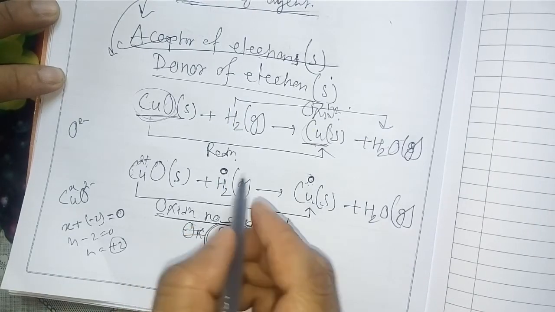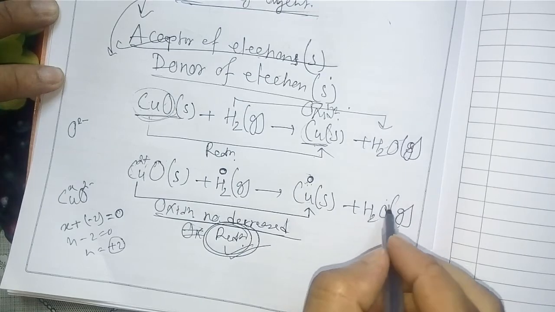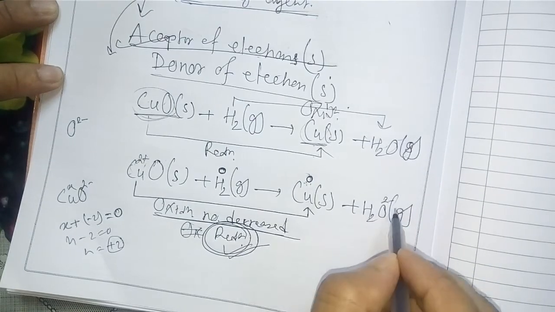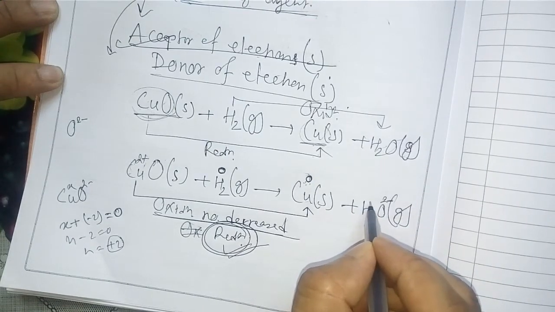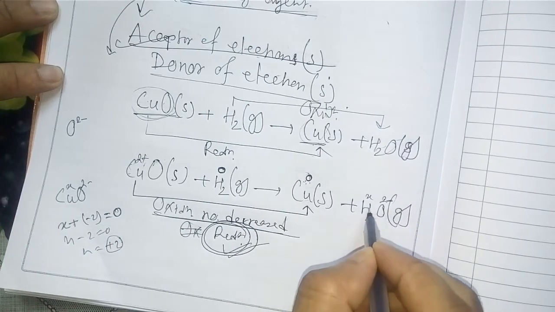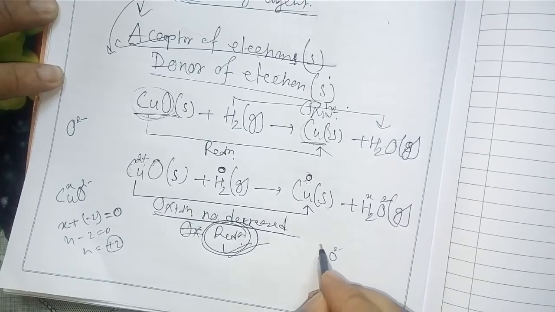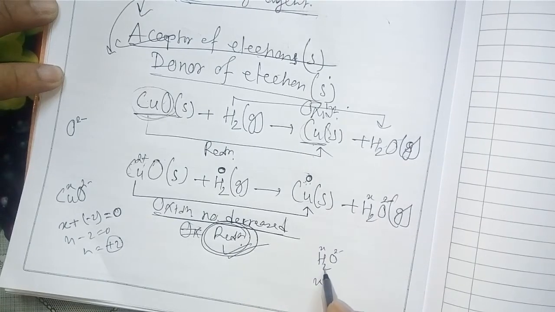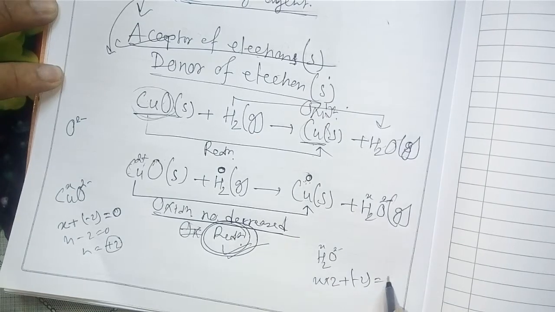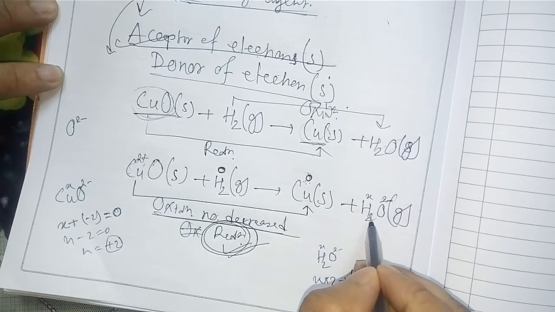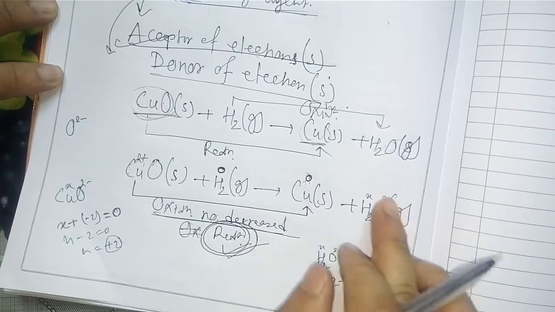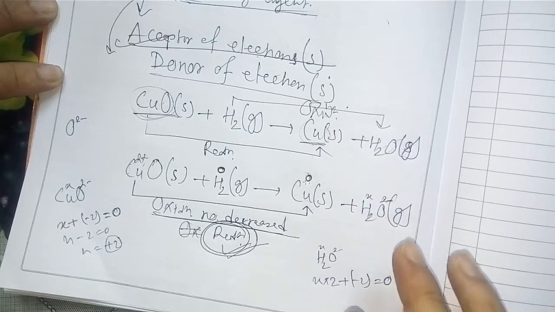Now here oxygen is minus 2. For this one I have to find x, since you don't know it. Minus 2 here, x times 2 hydrogens, and the algebraic sum is 0 because this is water, and in water no charge is present.